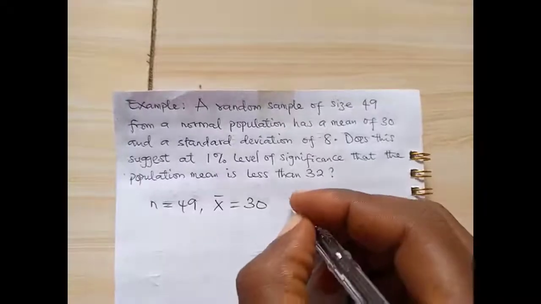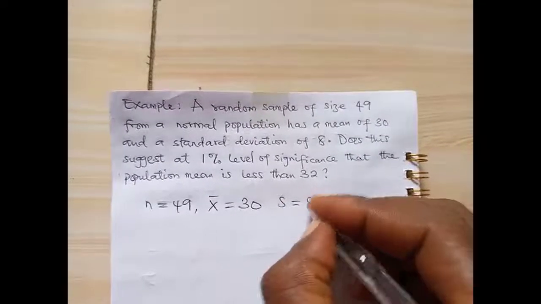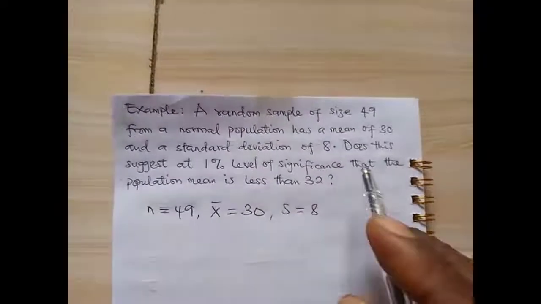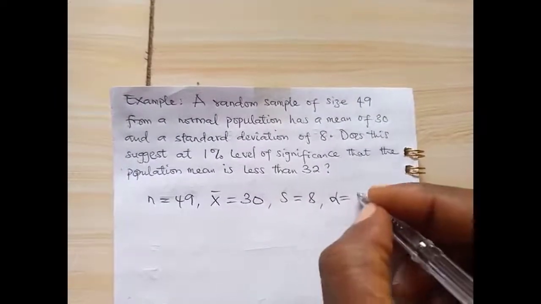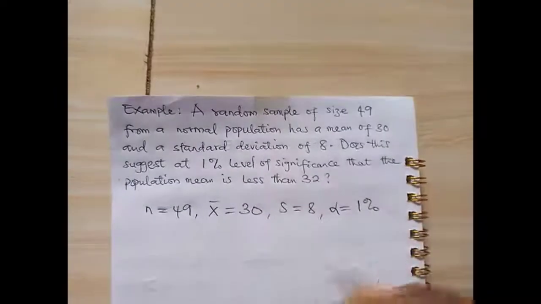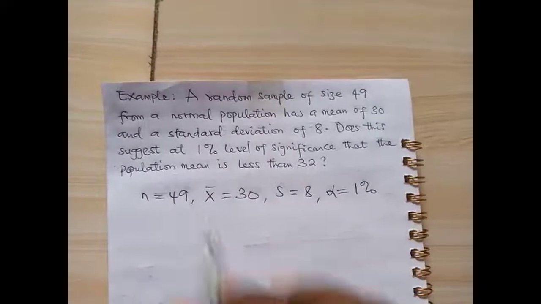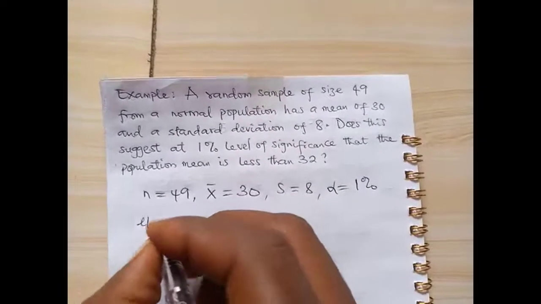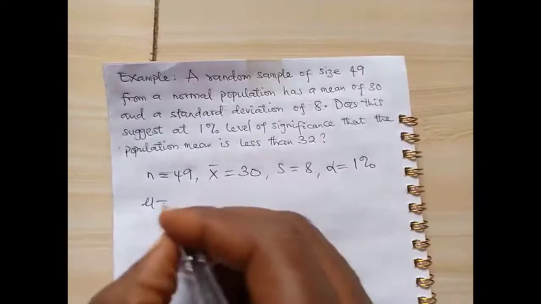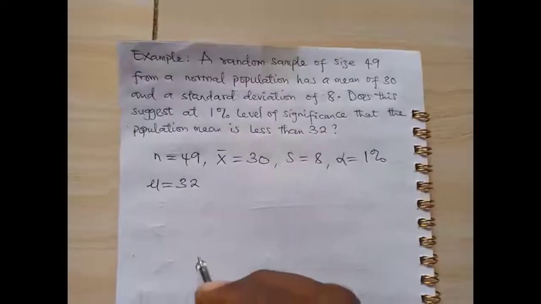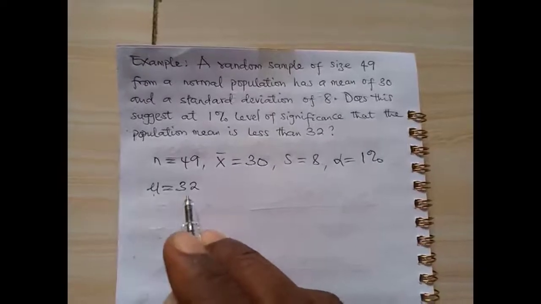So the sample standard deviation is 8. Does this suggest at 1% level of significance, so alpha given to us is 1%, that the population mean, mu, is less than 32? So what we are looking at is to test whether this is less than 32.